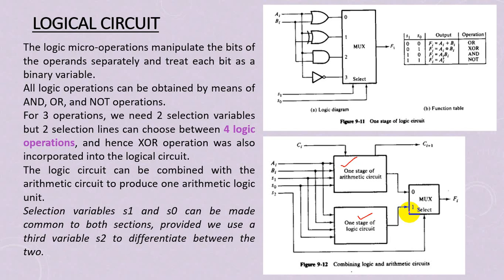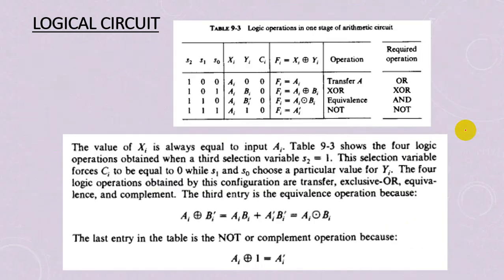So what is the hardware equation of our logic circuit design? Only A exclusive OR B, because carry in has no meaning in logic operation. Clear? So our hardware equation is now A exclusive OR B. That's our hardware. Okay, clear? Now look at over here.